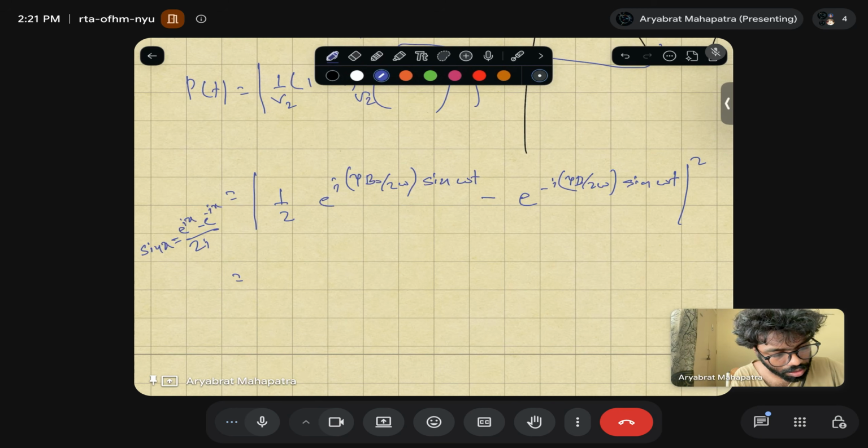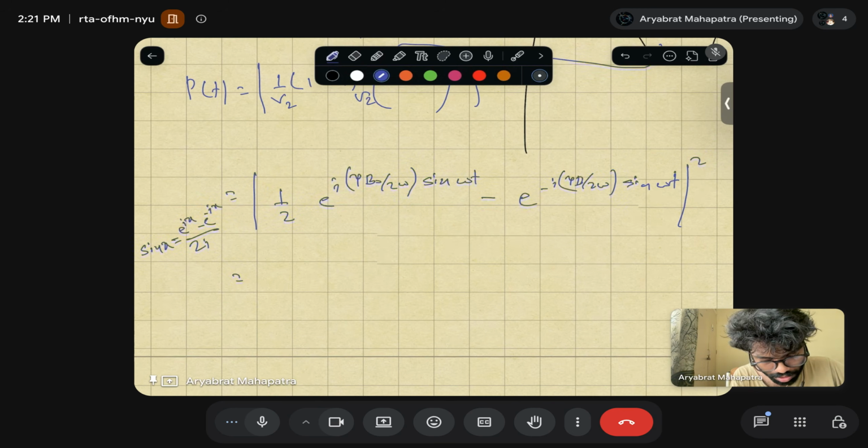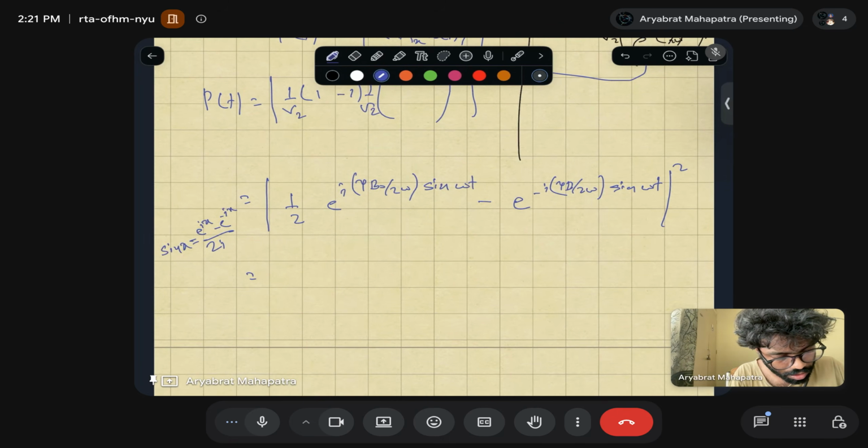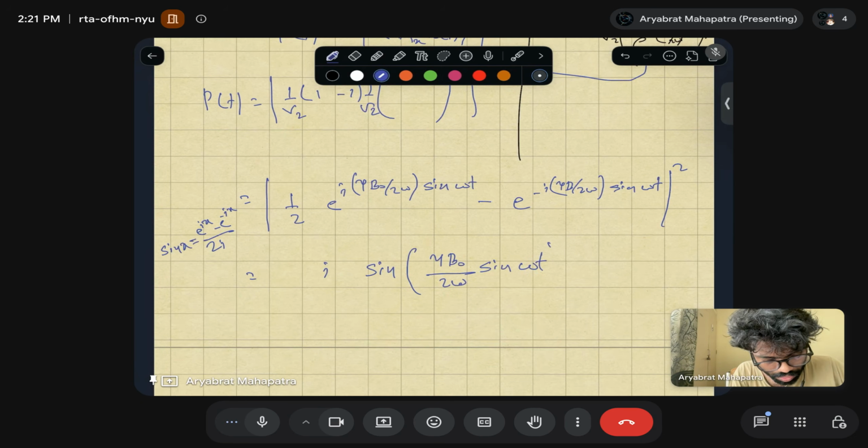So using that, we can write this as i times sine of gamma B naught over 2 omega sine omega t, squared.